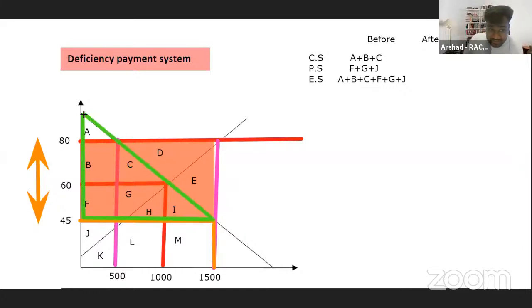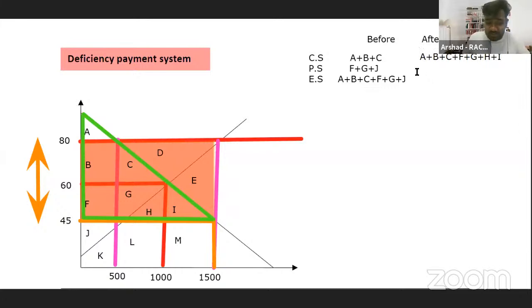Earlier, in a government purchase, he was paying 80. That is why only this one was consumer surplus. But now he's only paying 45, so he's benefiting. So how much is our consumer surplus then? It's A, B, C, F, G, H, I. That's this.